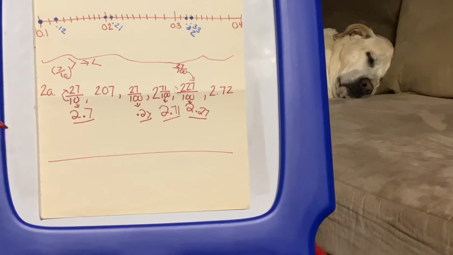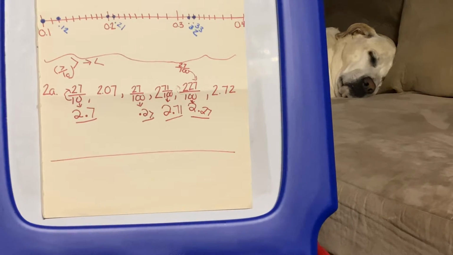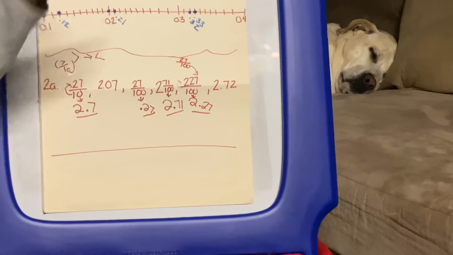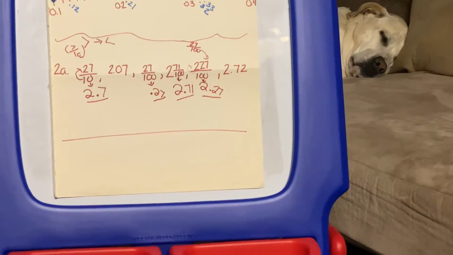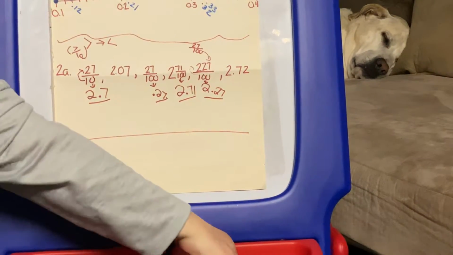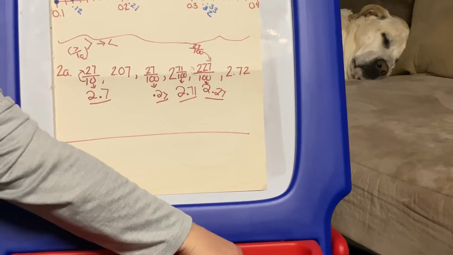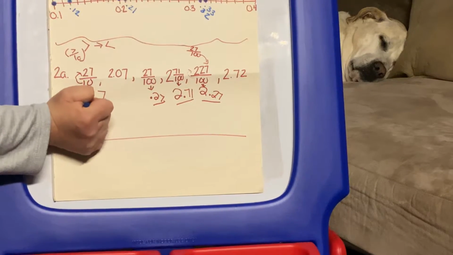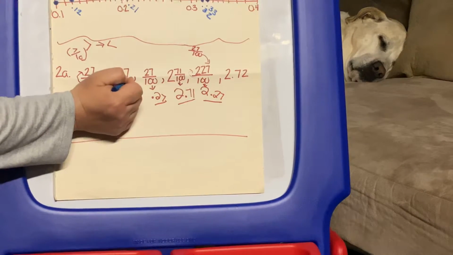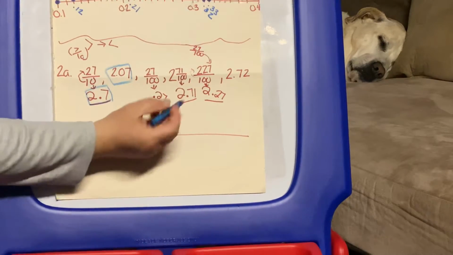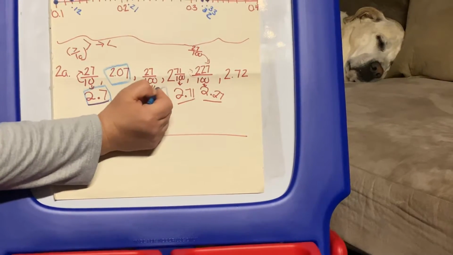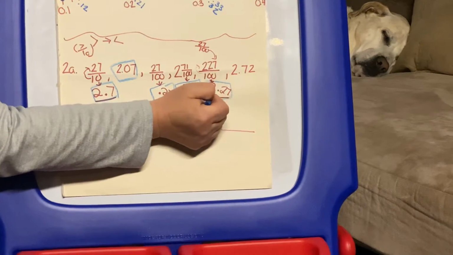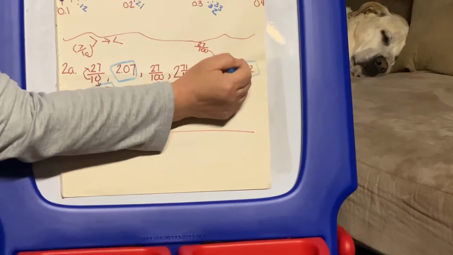And then 2.72 is already a decimal or a mixed number, so I don't have to worry about it. So I am going to go through now because now that I've done my work, that's a little confusing. So I'm just going to go through and I'm going to underline, let me get a crayon, the numbers that I want to look at. So I'm looking at 2.7. I'm looking at 2.07, 0.27, 2.71, 2.27, and 2.72.